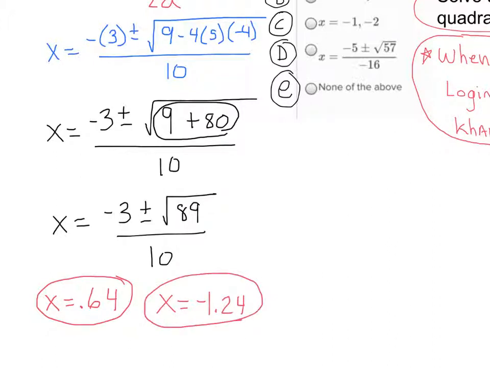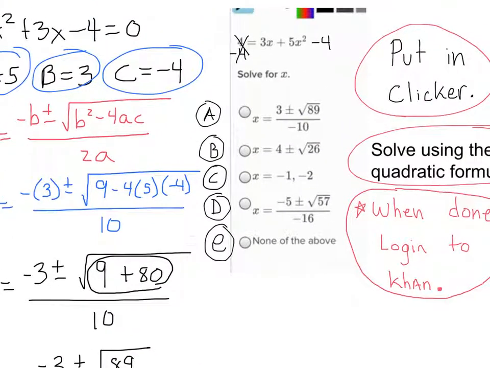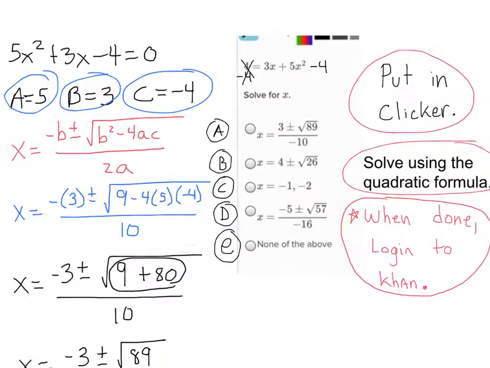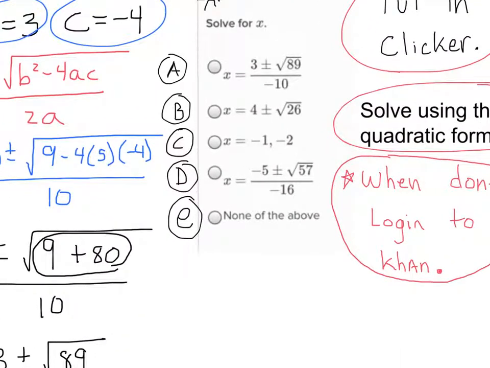Now, what you cannot do is, you can't just look at these and say, well, this one right here doesn't have a square root of 89 in it, so it's wrong. And you can't look at this one and say, this one does have a square root of 89, so it's right. Okay? Here's what you need to do. You need to type in your calculator, negative 5, let's do D first.